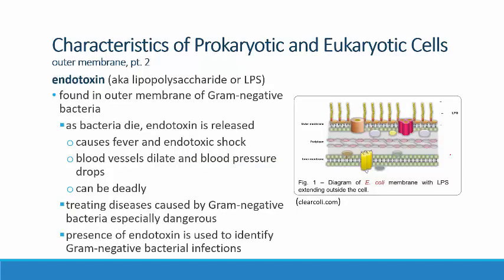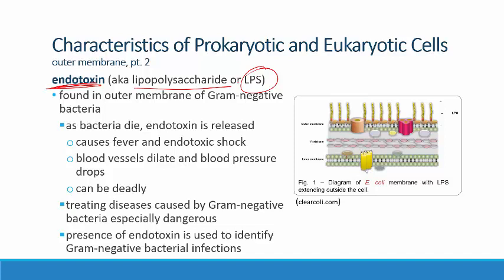Also associated with the outer membrane is a material that's referred to either as endotoxin or as lipopolysaccharide. Lipopolysaccharide is a big mouthful to say, so LPS is frequently used to refer to this molecule. So all three terms mean the same thing.